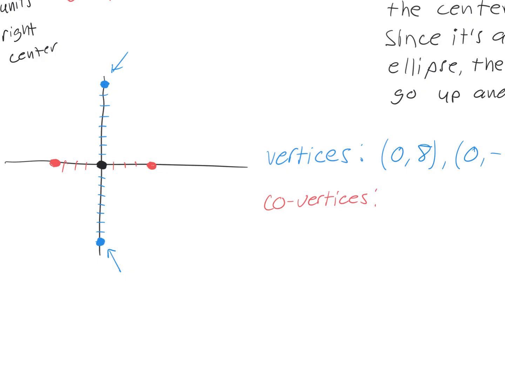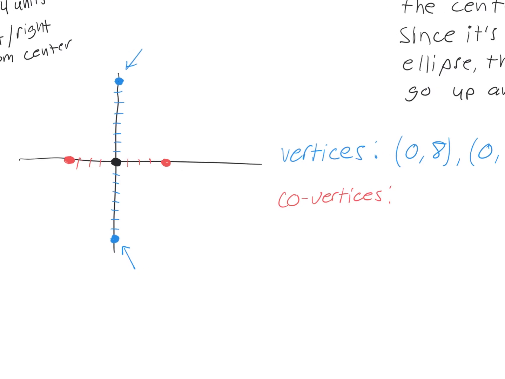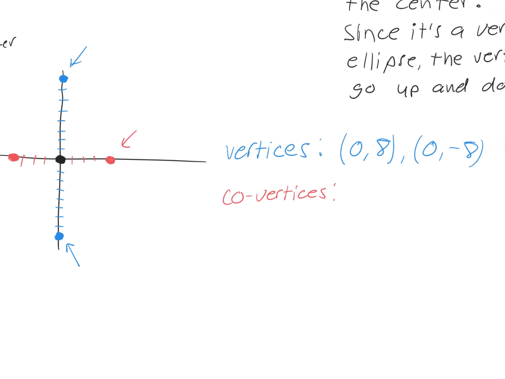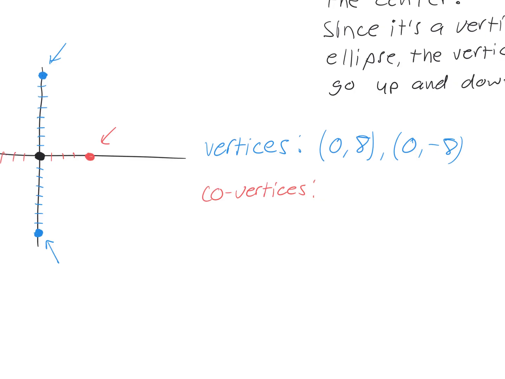All right, so that means my co-vertices, what is that right point as an ordered pair? 4, 0.